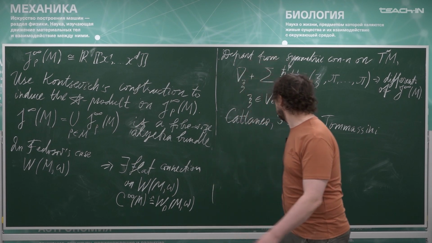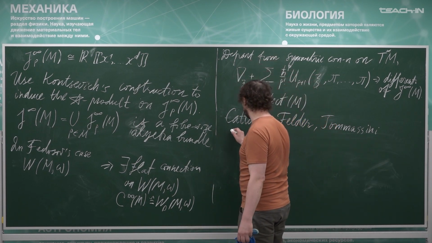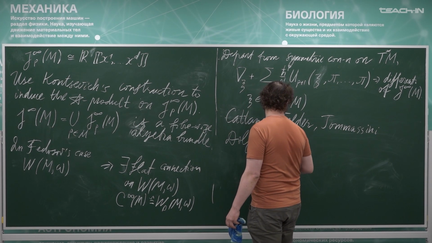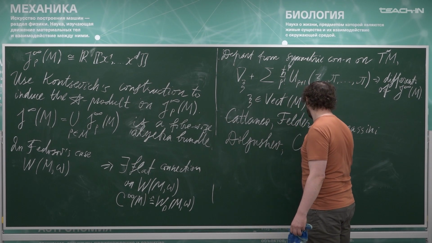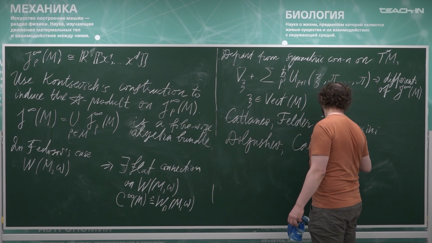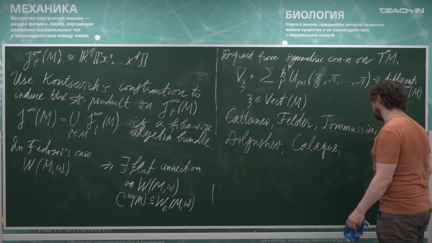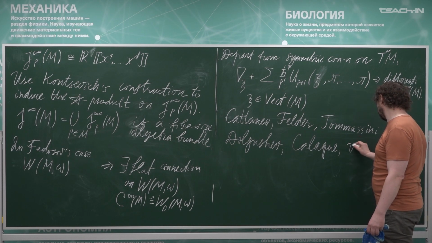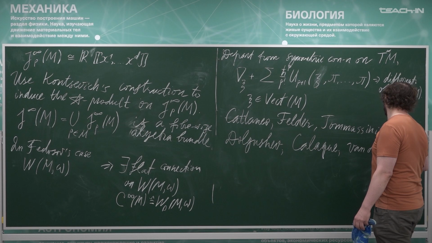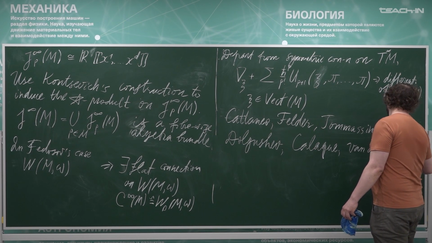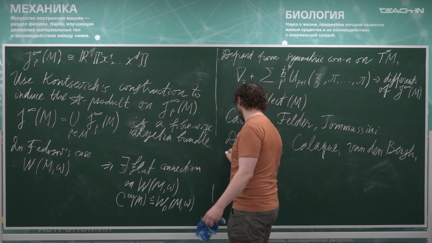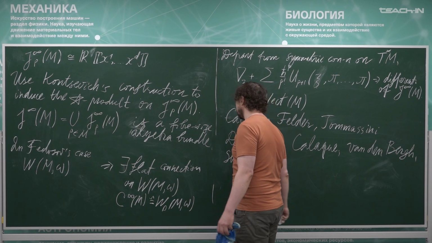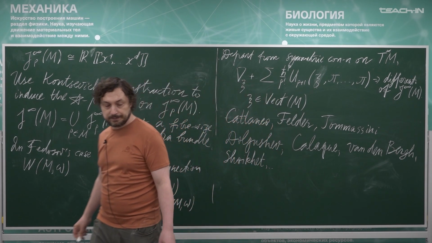As far as the authors of these papers are concerned, they are Vasily Dolgushev, Damien Calaque. There was also a series of papers of Calaque together with Michel Van den Bergh. There were papers by Boris Shoikhet, and so on and so forth. So there are lots of authors who can be mentioned here.